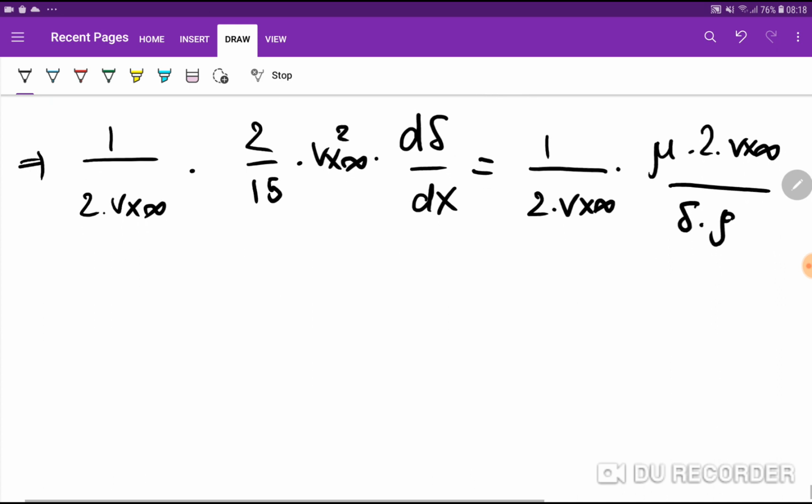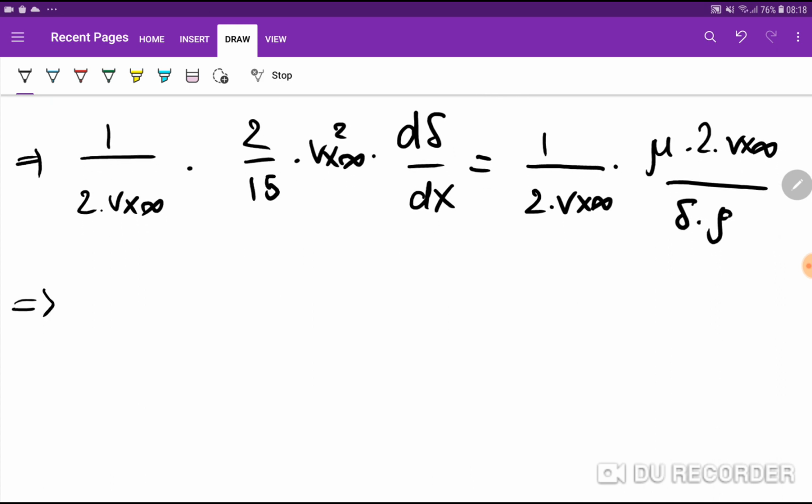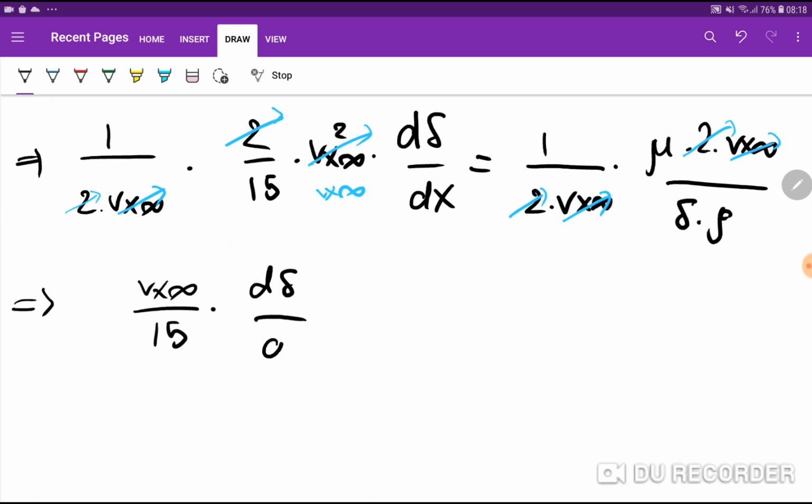I'm just doing it so it looks nice in the notes, and you can use it on the exam as well, so that it's hard to take off points from you. So let's see what cancels out. The 2 cancels out, and on the right-hand side, the 2 cancels out and Vx infinity cancels out, so you get Vx infinity over 15 times dδ/dx equals μ over δ times ρ.